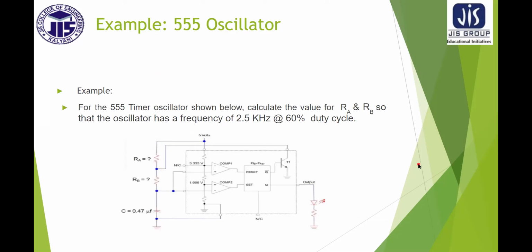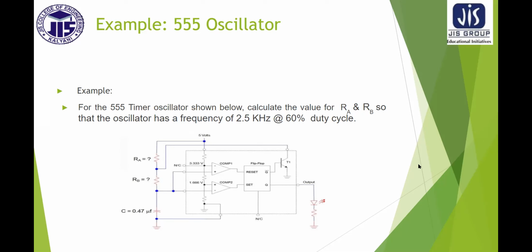This is the next problem. For the 555 timer oscillator shown below, calculate the values of RA and RB so that the oscillator has a frequency of 2.5 kilohertz at 60% duty cycle. So here the values of frequency and duty cycle are given.